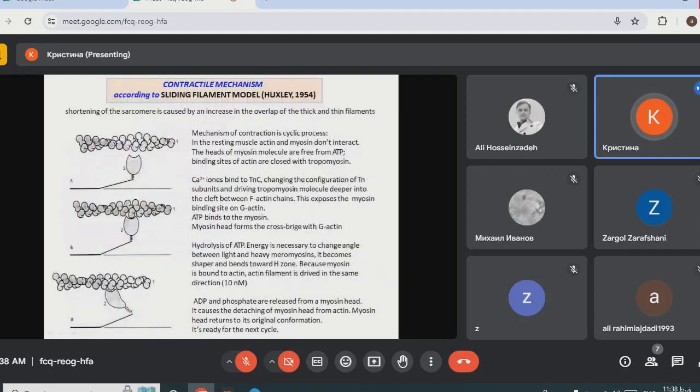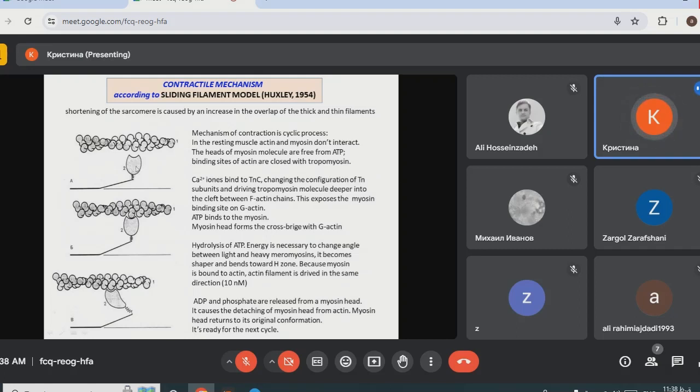Now, the mechanism of contraction is called the mechanism of sliding filaments. So it starts with this part. Step 1 is when the actin and the head of myosin filaments are not attached together.